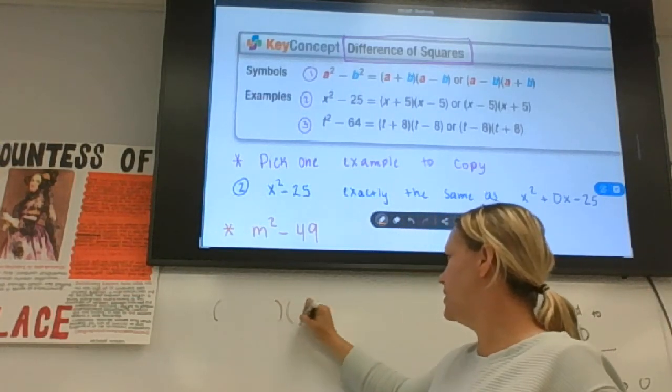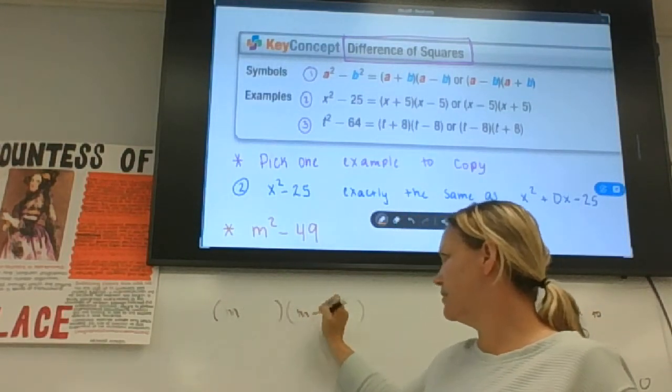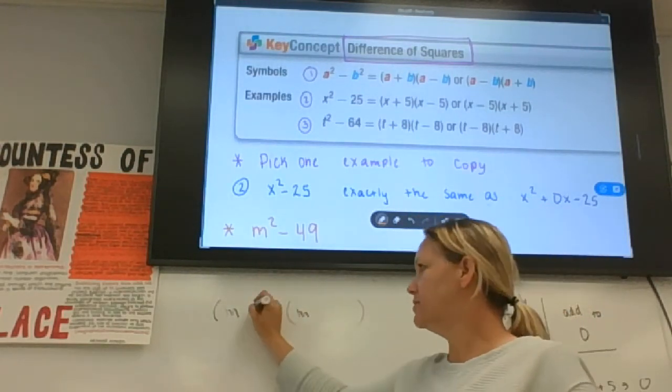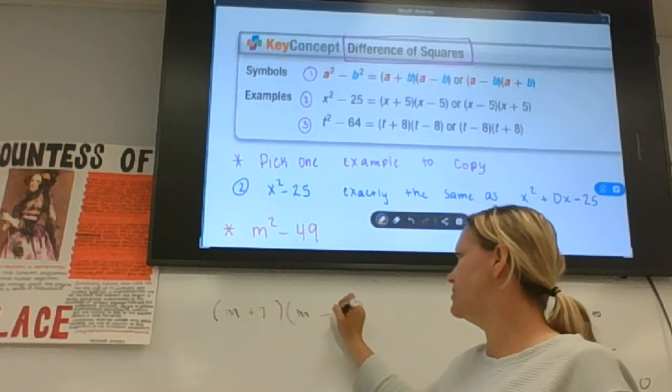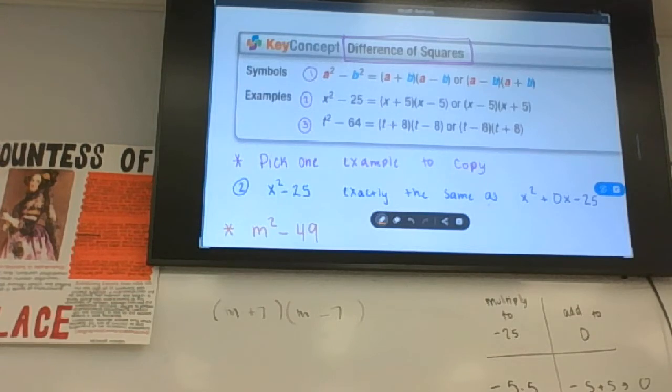Two sets of parentheses. Put your m in. Do a plus 7 and do a minus 7. Really the quickest and easiest method of factoring. Though we can't tell you how to do that before we explain this one, so you understand that these two numbers do actually add to 0, which is missing in the middle.